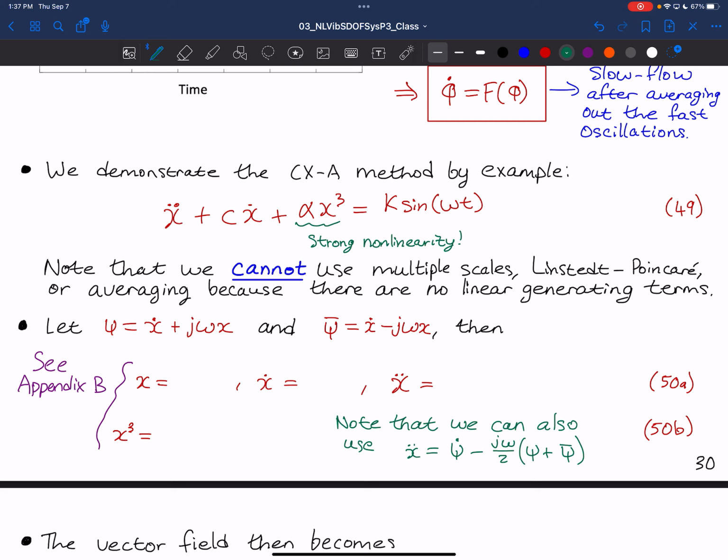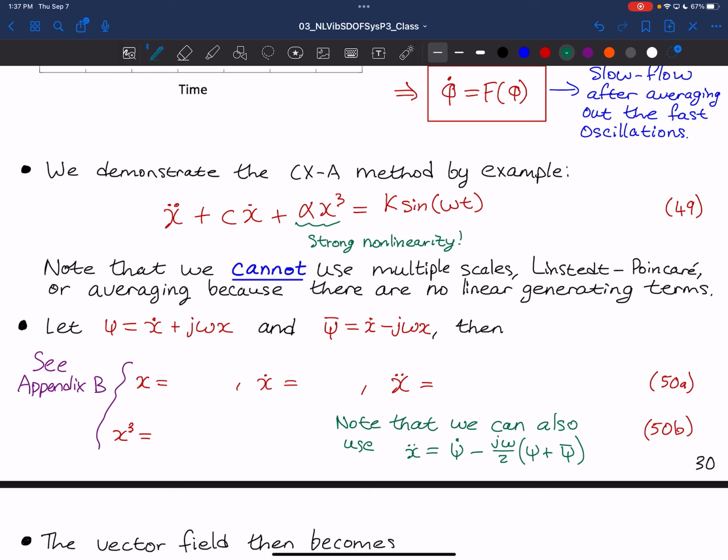CXA is the only analytical method that I know of that can be applied to equations like this. So if you encounter a system that does not have a linear term in it, you cannot use multiple scales, Lindstedt-Poincaré, or averaging, period. You have to use CXA, and maybe there are new methods out there as well, but as far as I know, there's only CXA.